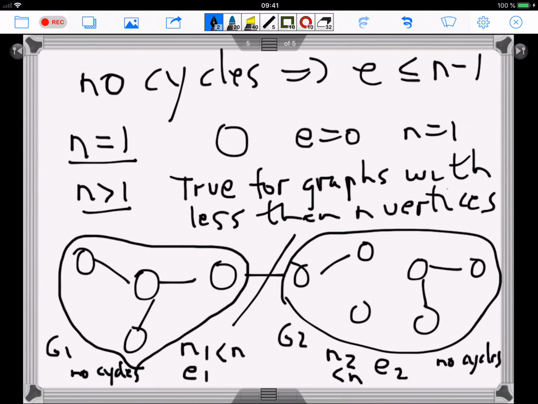Then, since n1 is less than n and n2 is less than n, we can apply the result to G1 and G2, because by induction we are supposing that the result is true for graphs which have less than n vertices.